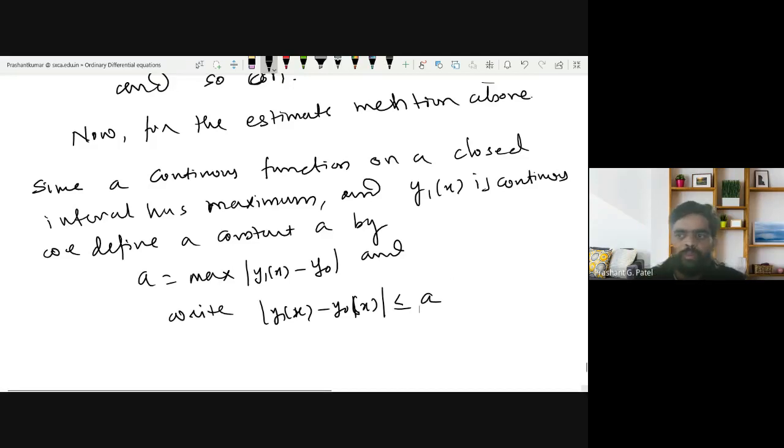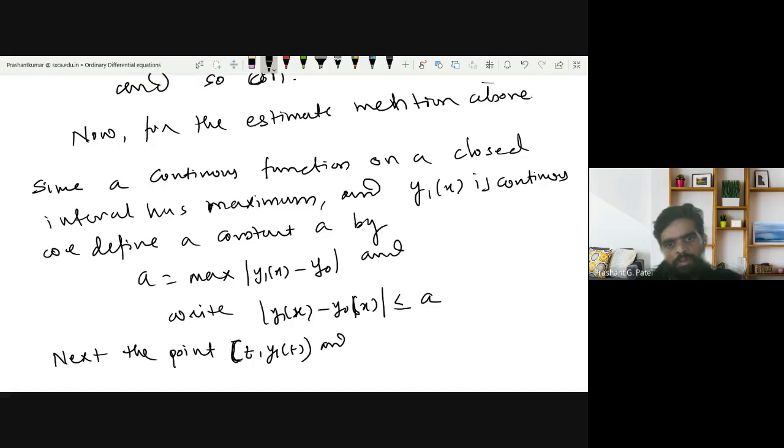Next, the points t comma y1 of t and t comma y0 of t lie in R dash.